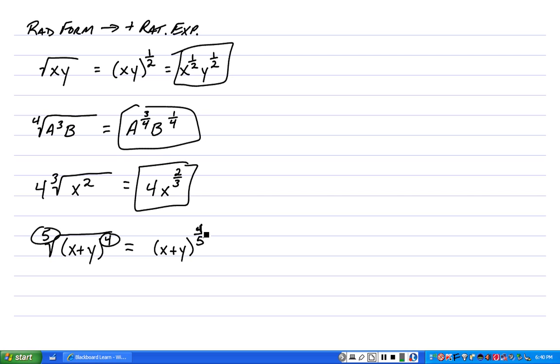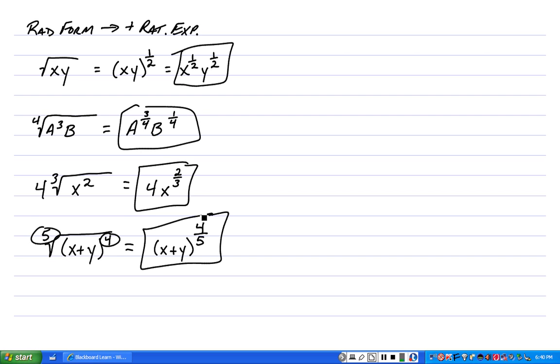So (x plus y) to the 4/5. Let me clean that up a little bit. There we go. So it equals (x plus y) to the 4/5. And there you have it.